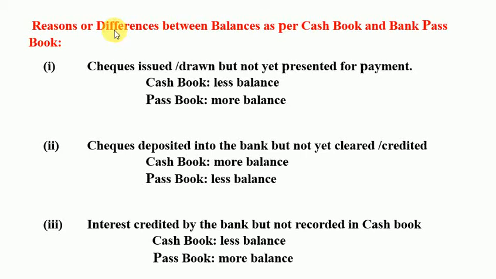Good morning, children. In the previous class, we have seen what a bank reconciliation statement is and why it is prepared. And there we have learned that whenever we try to match the balance of cash book and passbook at a particular point in time, there is always a chance that the balances on a particular date may not be the same, and that generally happens because of various causes which are responsible for the difference between the balances of the two books.